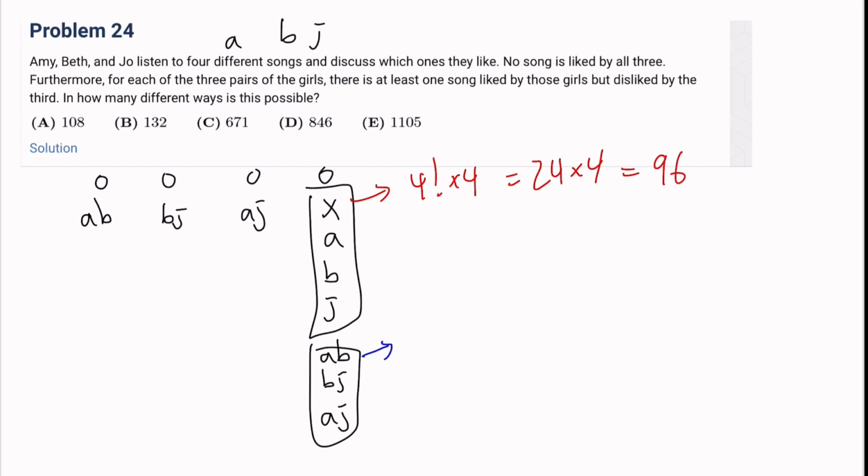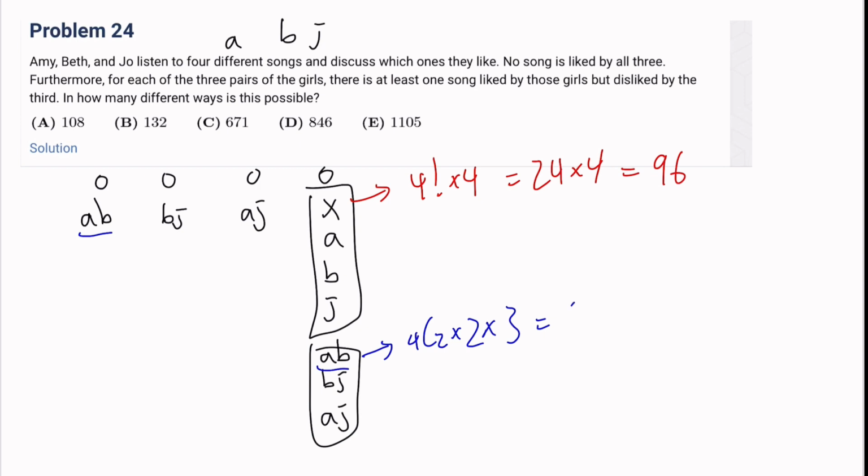So this is 4 choose 2, because we are choosing which ones the 2 same people like, and we multiply that by 2 because we are choosing who will like the first of the other left songs. And since we also have 3 choices, we can multiply this by 3.